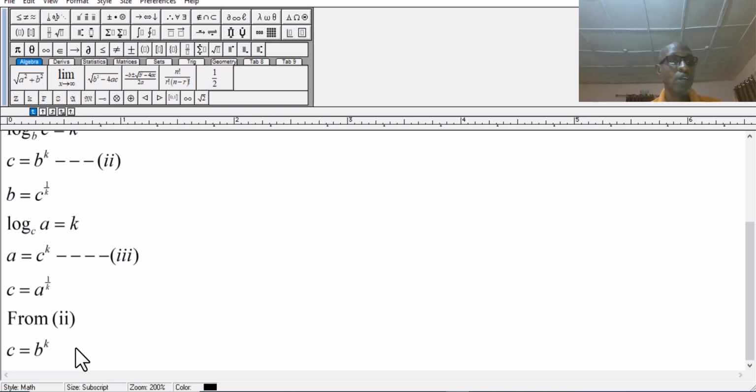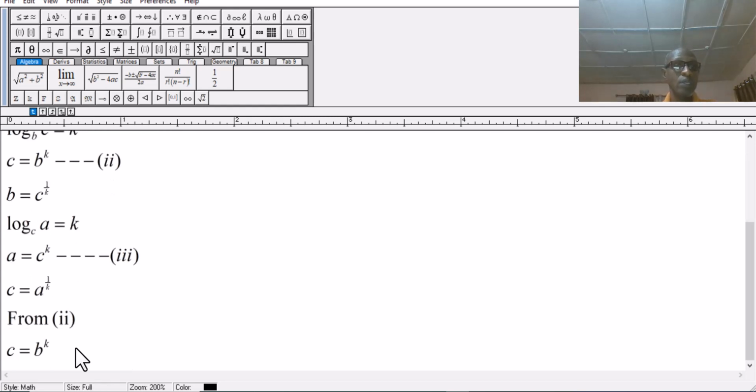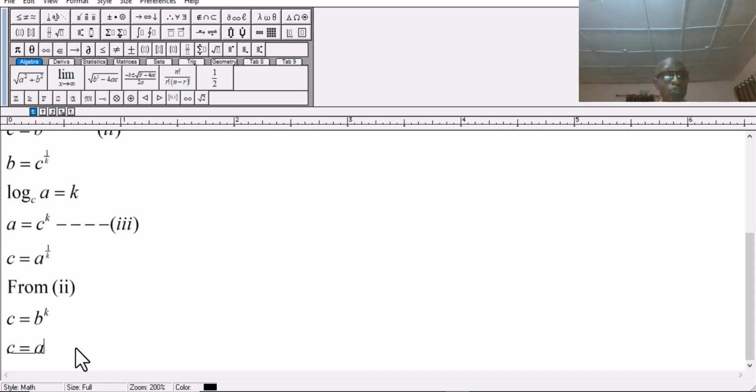So from 2, our b is the same thing as a raised to the power of k. So this is my b. My b is a raised to the power of k.